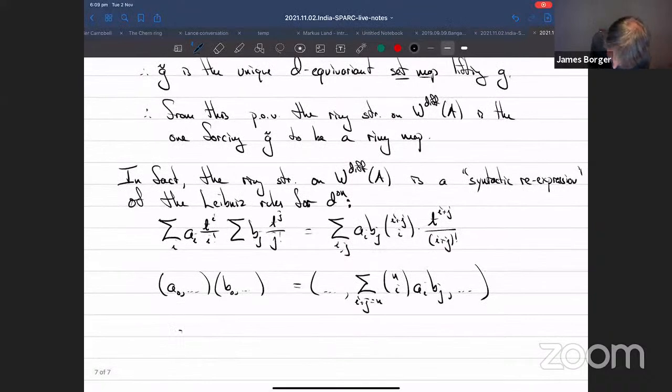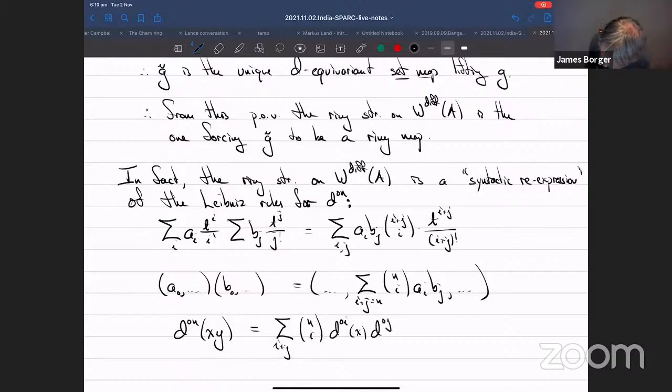But now notice that the formula for the nth derivative of a product is really the same formula. It's the ith derivative of x times the jth derivative of y, and we sum over all i and j such that i+j=n, and then you need a binomial coefficient.